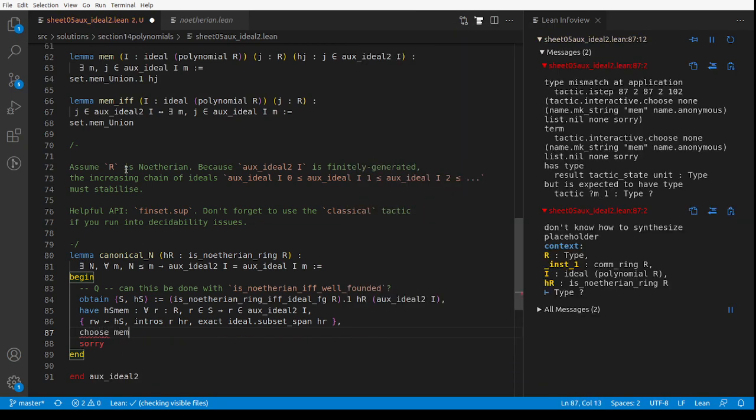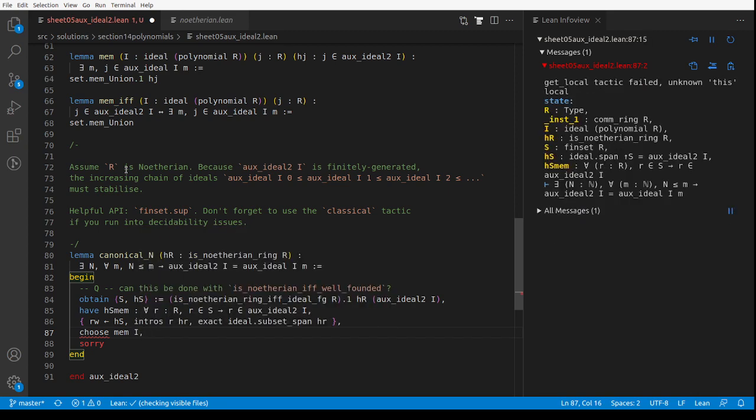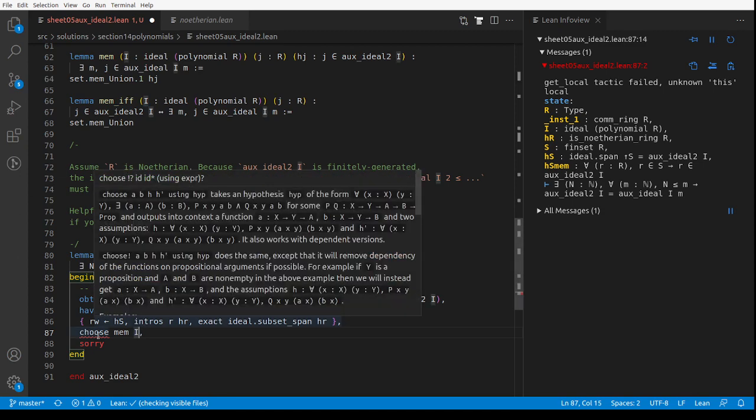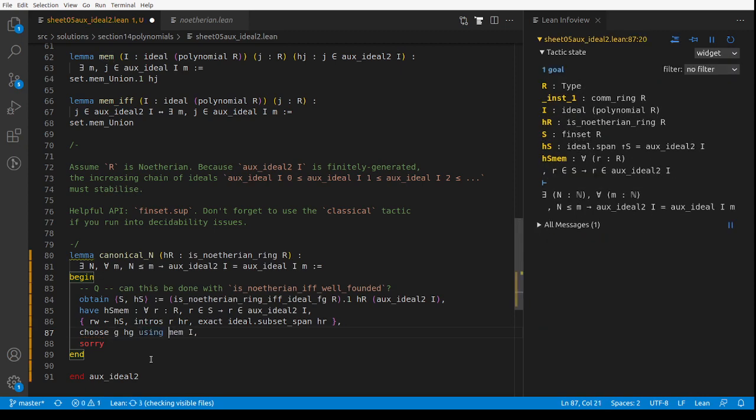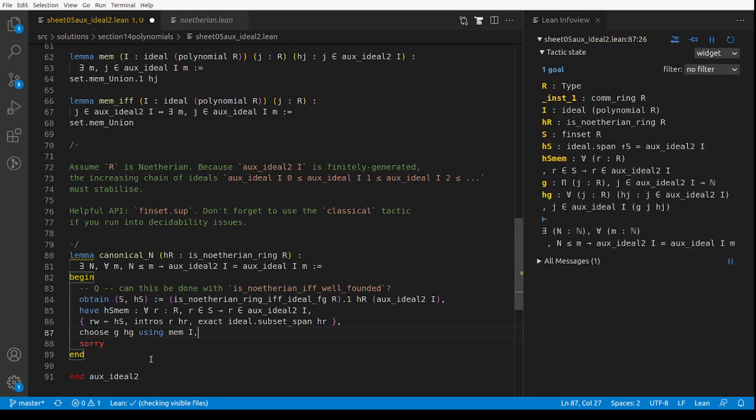Choose mem I. Choose G HG using mem I. Try that. That looks good.